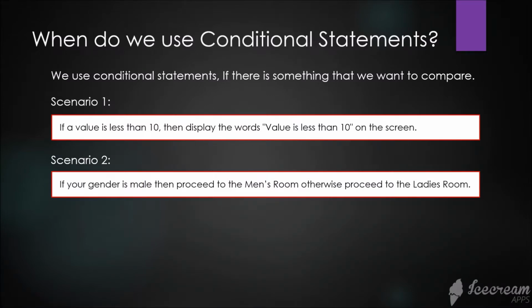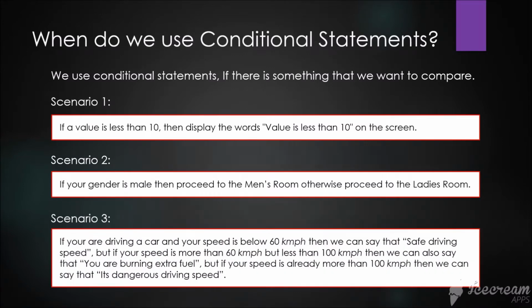Okay, then we also have the third scenario. Let's say you are driving a car and your speed is below 60 km per hour, then we can say that it's a safe driving speed. But if your speed is more than 60 km per hour but less than 100 km per hour, then we can also say that you are burning extra fuel.